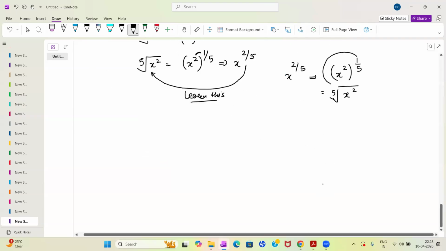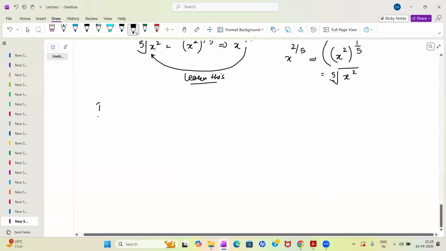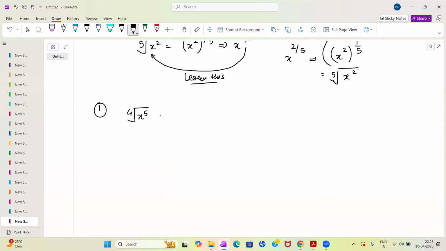Now, using some examples, the first example is the fourth root of x to the power 5. We can write it as x to the power 5 to the whole power 1 by 4. And the powers will be multiplied, so it is x to the power 5 by 4. Another example: if 4 times root 3 is equal to root 3x, then what is the value of x?